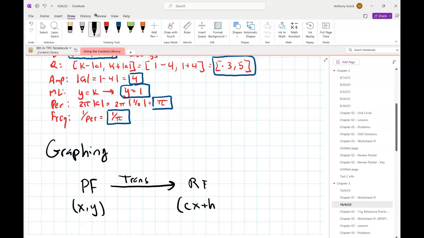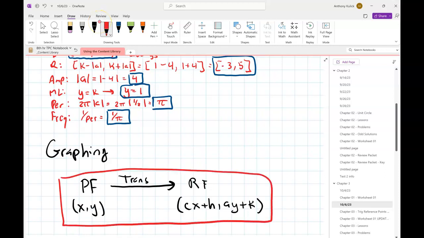The way those points get transformed is we do c times x plus h and a times y plus k. And again, we said last time, this is something you should memorize or at least put on your note card. I'll just reiterate that again. That is certainly a note card thing.